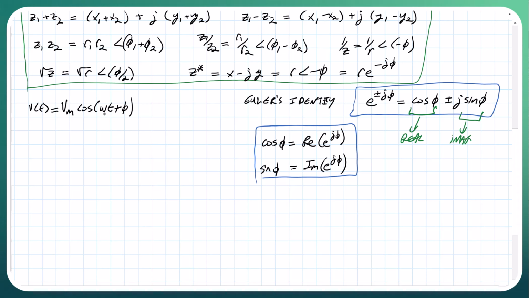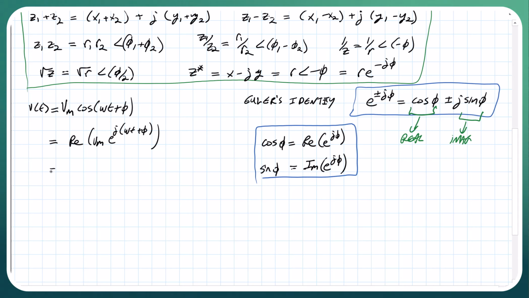We can rewrite this as V of t equals the real component of Vm e to the j omega t plus phi.